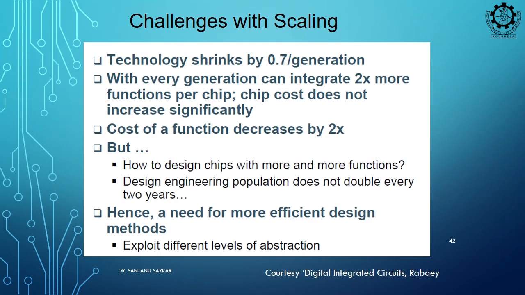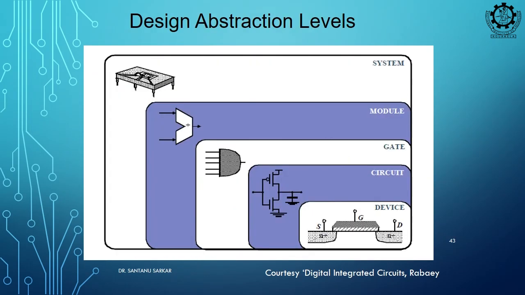Now, these are the challenges that we have to struggle with. Technology shrinks by 0.7 times per generation, and with every generation it can integrate 2 times more. But the cost of the function also decreases by 2x. These are a few design abstractions from the system level to the device level.